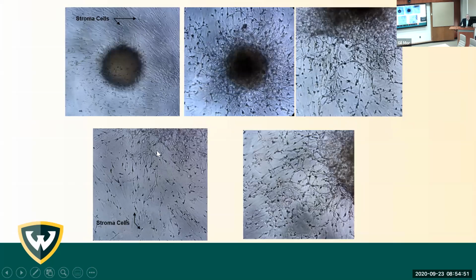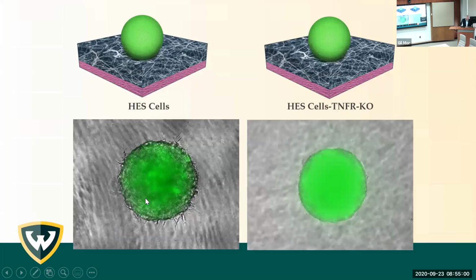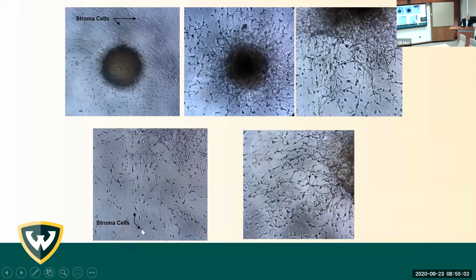You can see here the penetration of these projections from the trophoblast. They are reaching now the stroma cells at the bottom of the plate, and they will make the connection. And again, looking later, closer to the bottom of the plate, a beautiful interaction between the stroma cells and these invading trophoblast cells.